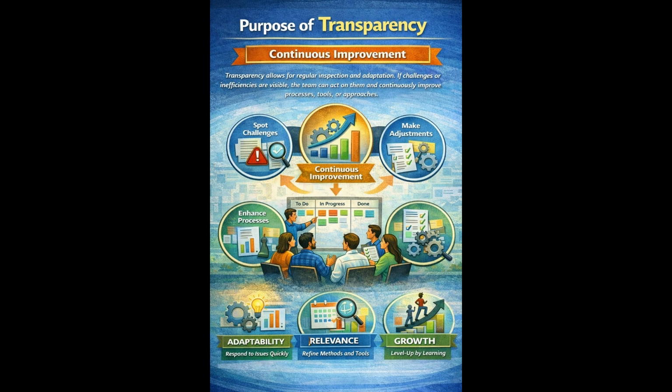Fourth, continuous improvement. Transparency allows for regular inspection and adaptation. If challenges or inefficiencies are visible, the team can act on them and continuously improve processes, tools, or approaches.